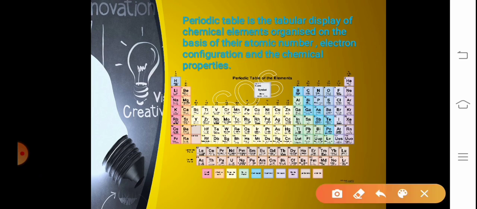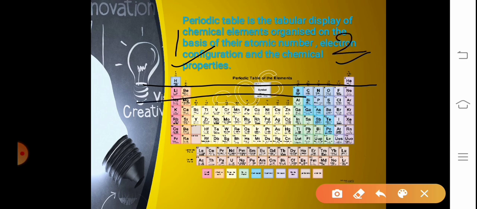For example, if you look at this row, you can see that there are two elements, hydrogen and helium. Hydrogen is the first element, helium is the second element. In the second period, that is the second row, there is the third element, lithium, followed by beryllium, boron, carbon, nitrogen, oxygen, fluorine and neon, right?